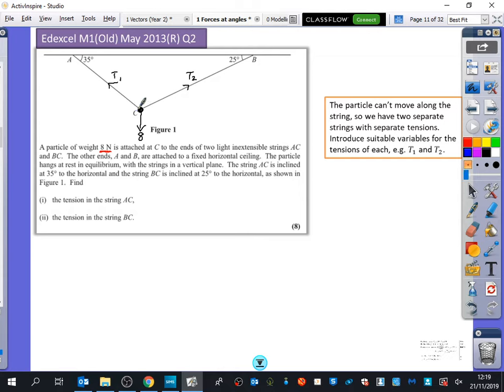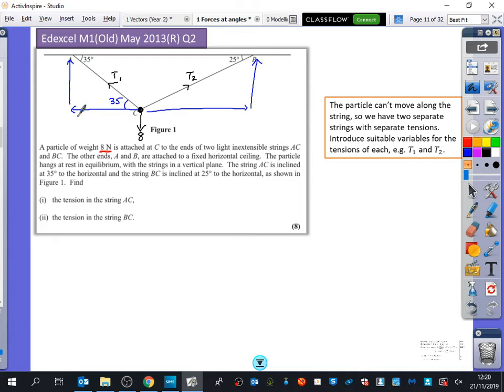I'm going to split my forces like this, and like this, and like this, and like this. Muhi, what is this angle down here? That angle is 35 degrees. So what would the force running along the side here be?